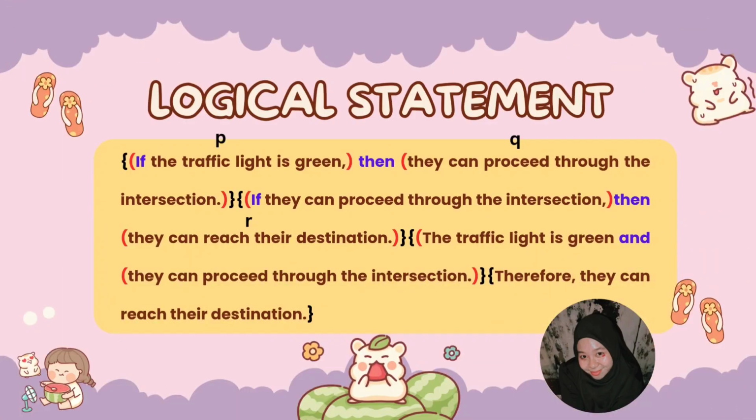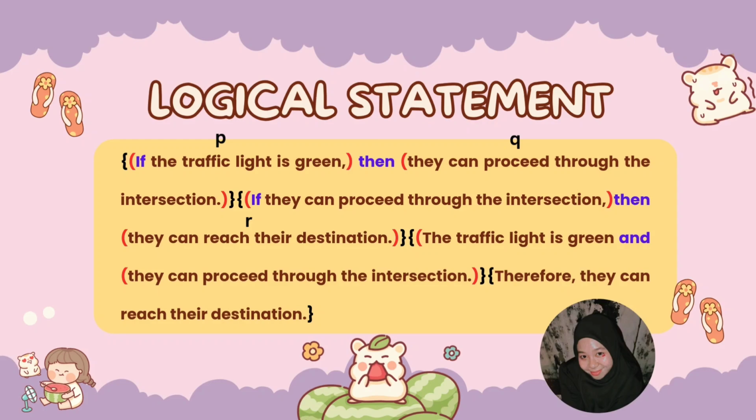Next, I will be explaining a logical statement. This example consists of 3 logical statements represented as P, Q, and R, and demonstrates how we can deduce a conclusion using logic. Statement 1.